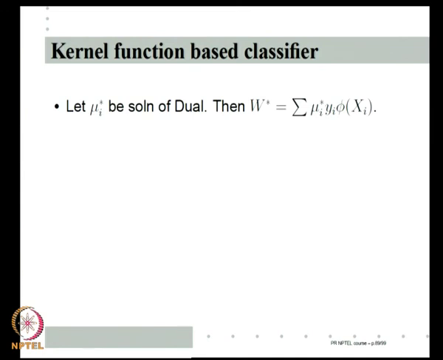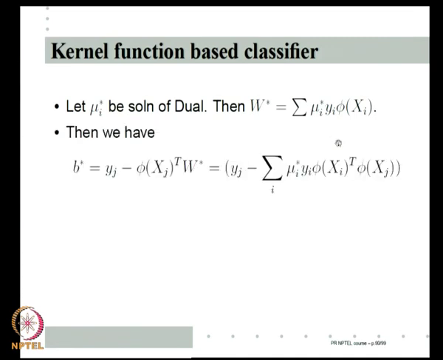Well, as it turns out, I do not have to do that also. It is a very interesting thing. Let us say mu_i star are the solutions of the dual. Then we know that W star is the summation of mu_i star y_i phi(xi). So, for example, what will be B star? B star will be yj minus phi(xi) transpose W star.